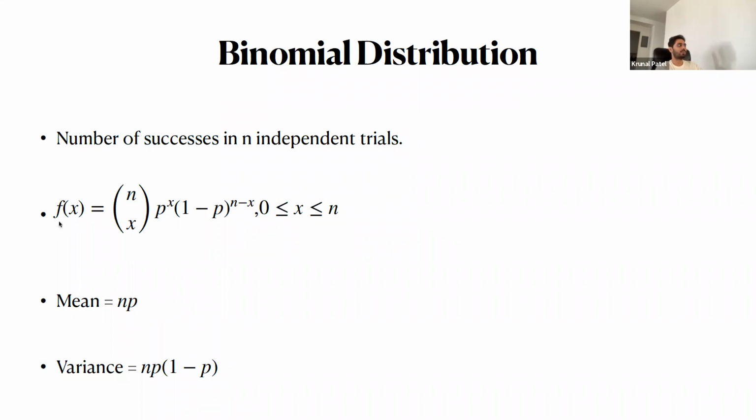To find the probability of getting x successes, I can choose out of n which x will be the successes. Those x will have the probability p, and the other n minus x trials will be failures, with the probability of 1 minus p. If you put n equal to 1, then you jump back to the Bernoulli distribution. You get the mean as np, variance as np times 1 minus p, and you can write 1 minus p as q if you want.